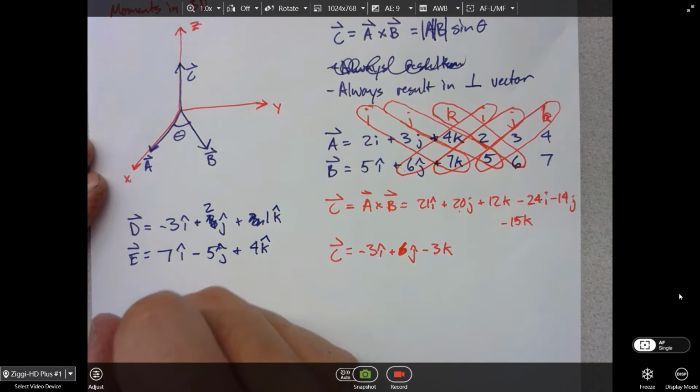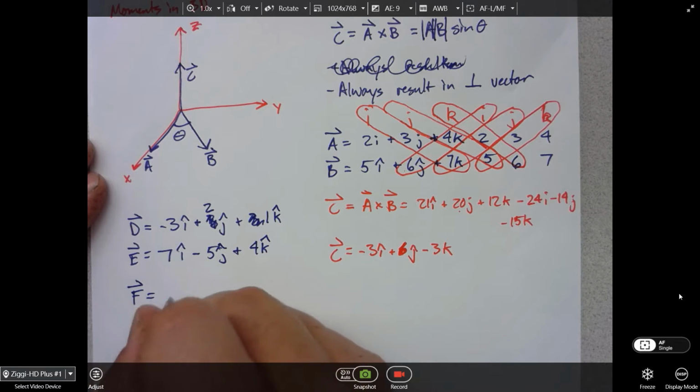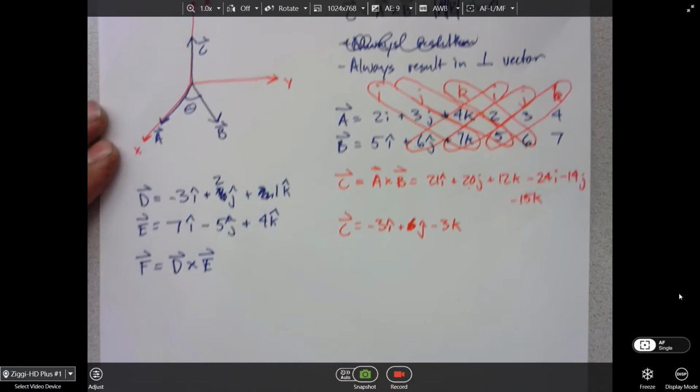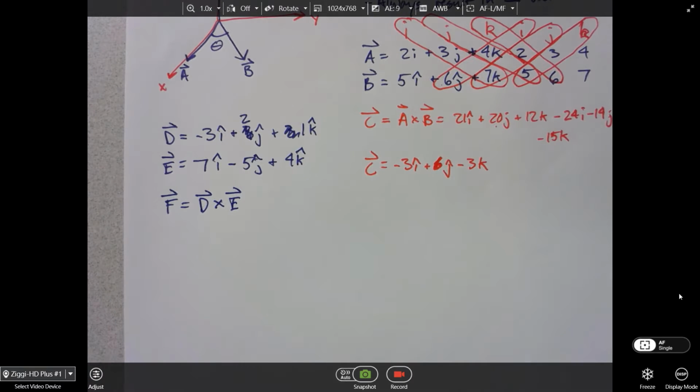All right? And I want you to find F, which we'll say is D crossed E. Please do it by hand, not in your calculator.